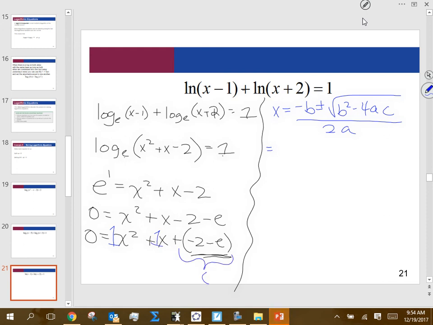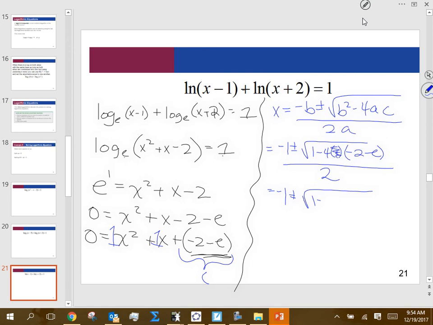All right, so just direct substitution. We get negative 1 plus or minus the square root of 1 minus 4, a is 1, c is negative 2 minus e, all over 2 times a. Once we have that, we can do a little bit of simplifying. We've got negative 1 plus or minus the square root of 1 minus, and that 1 really doesn't do anything, right?